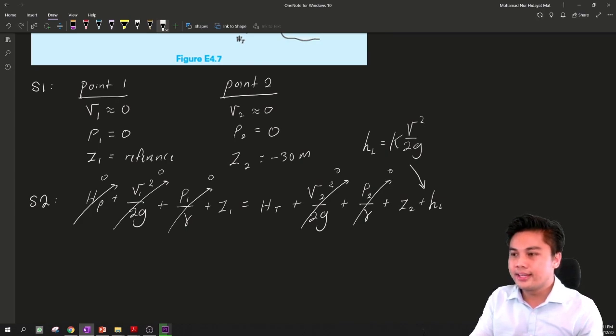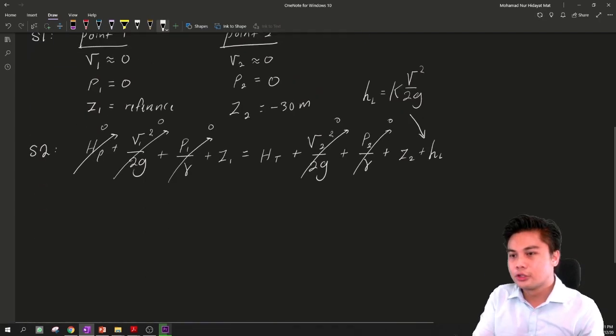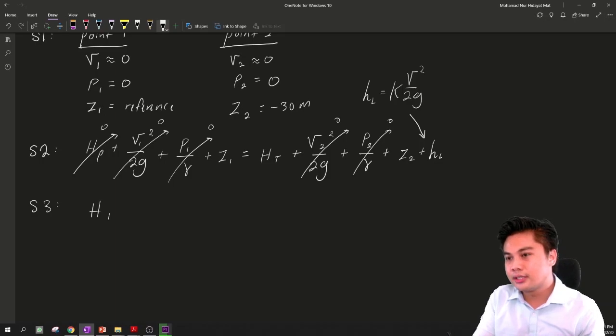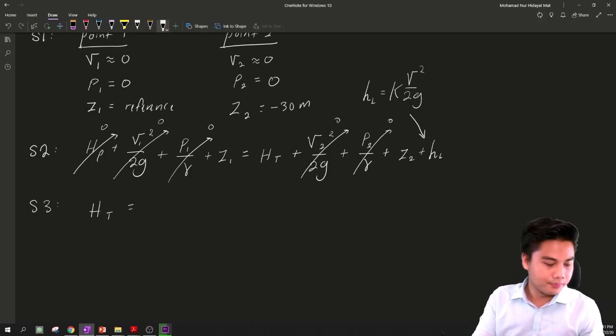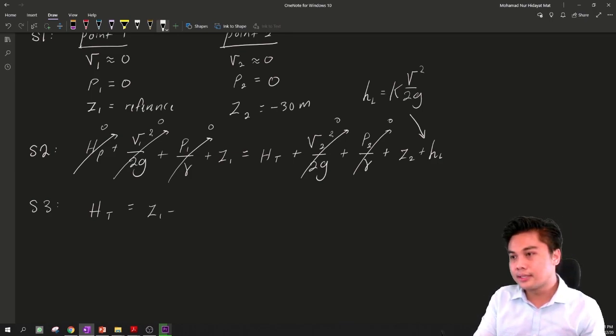We need to rearrange the equation to make HT the subject. So step number 3, rearrange: HT equals Z1 minus Z2 minus HL, because we move the positive HL to the other side and it becomes negative.